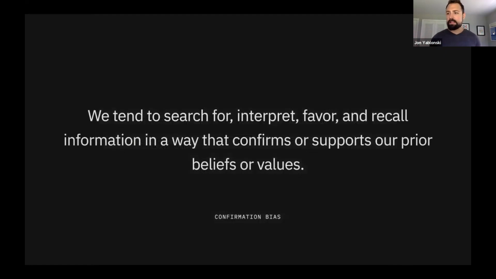And I think this study does a good job of highlighting a very important thing about human biases, right? We tend to search for, interpret, favor, and recall information in a way that confirms or supports our prior beliefs or values. Now, in psychology, this is known as confirmation bias.